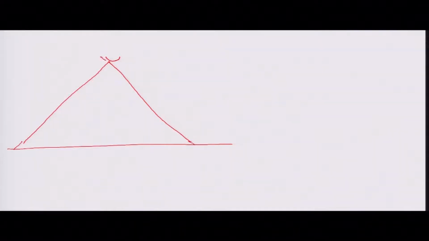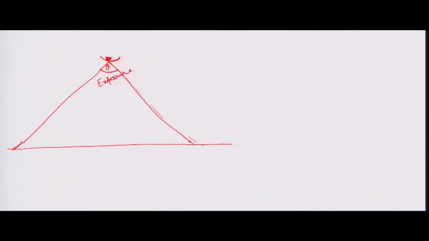Central projection means the rays will be projected from a center, that is your camera aperture, and it will cover an area like this, and this will be your exposure and this will be your coverage angle.